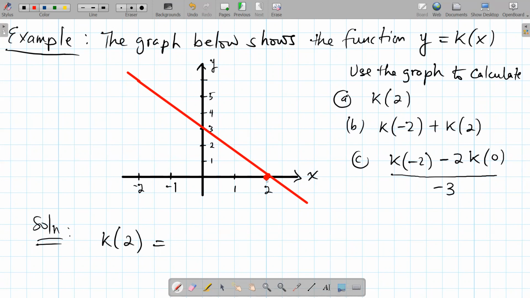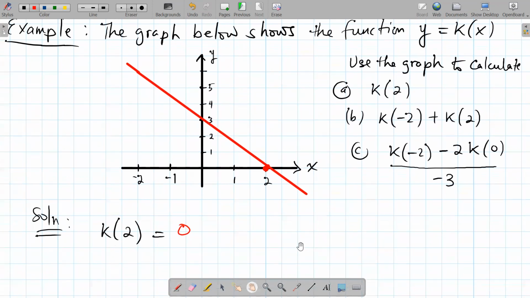For an X-intercept, if we have an X value, its corresponding Y value should be 0. So this one is going to be 0. So take note. So that's the first one.